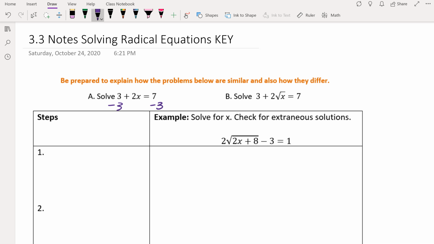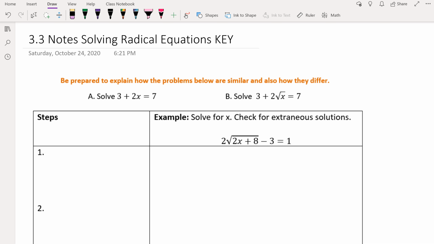We would do the exact same thing to solve problem B. We would subtract 3, subtract 3. The next step we would do is divide by 2. That's the same thing here. We would divide by 2 after we minus 3 on both sides. Okay, so all I wanted to point out is that this type of problem, although it has a square root, it is not a scary problem, and you guys are going to crush it.